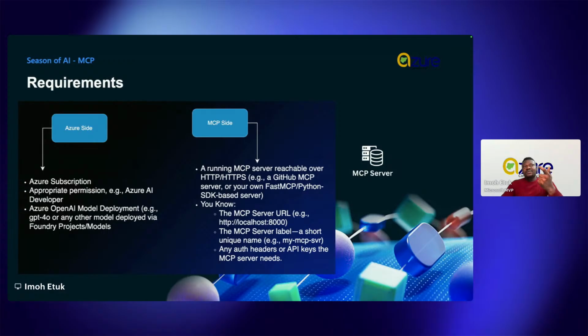So on the MCP side, you need to have a running MCP server, either hosted locally or on the cloud. Of course, there's one caveat when you're running your MCP servers. If you're running an MCP server on your local machine, you cannot directly interact with a Foundry agent.